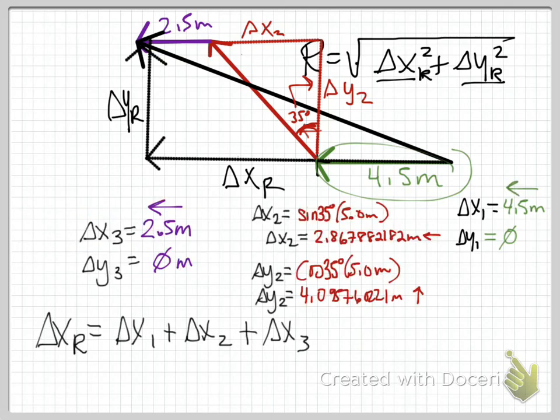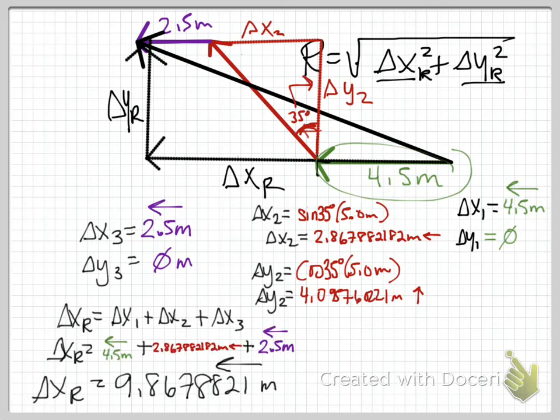So we have a delta x resultant of delta x1 plus delta x2 plus delta x3, and we can actually just borrow these. We get a value for delta xr of 9.8678821 meters to the west. So delta yr is really easy.